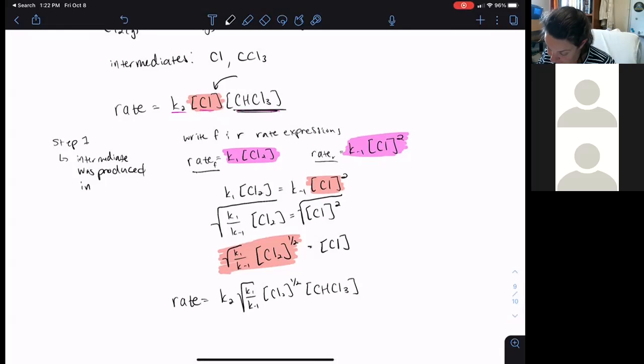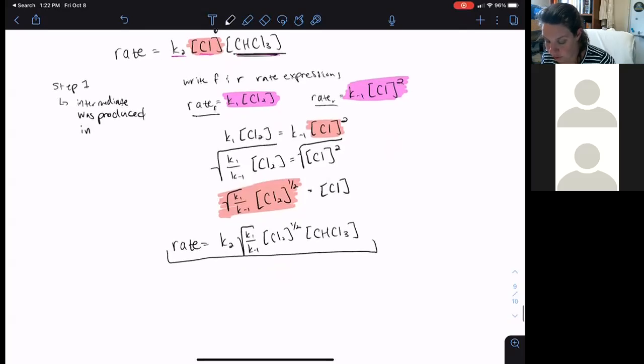Since we've got everything in terms of reactants, this can now be written as our actual rate equation or expression. So we're going to convert that lowercase r into an uppercase R. We're going to take all of our K values. They're going to combine to just give us K. So this is our K for our overall reaction.